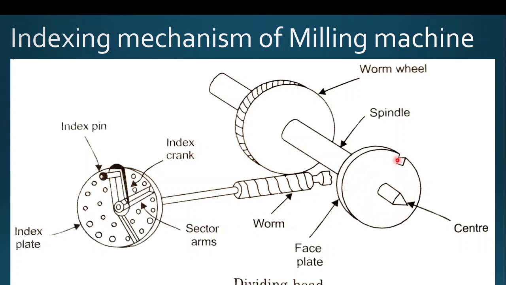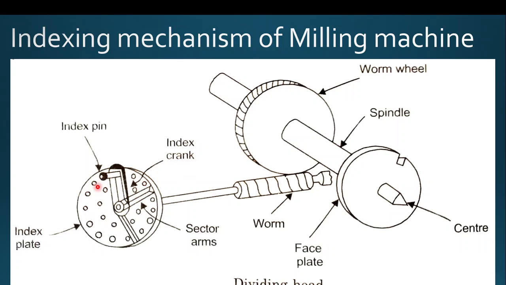How much the workpiece needs to rotate is based on the indexing calculation. So first we need to perform a simple calculation on how much indexing has to be done after the successive cut for a particular workpiece. After that, we need to adjust this indexing crank, and we need to make the indexing pin engage with any one hole in order to arrest the rotation.